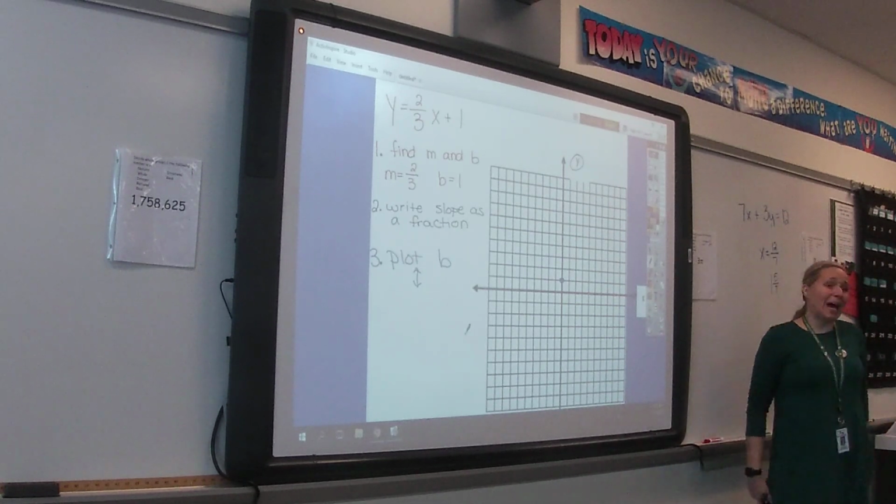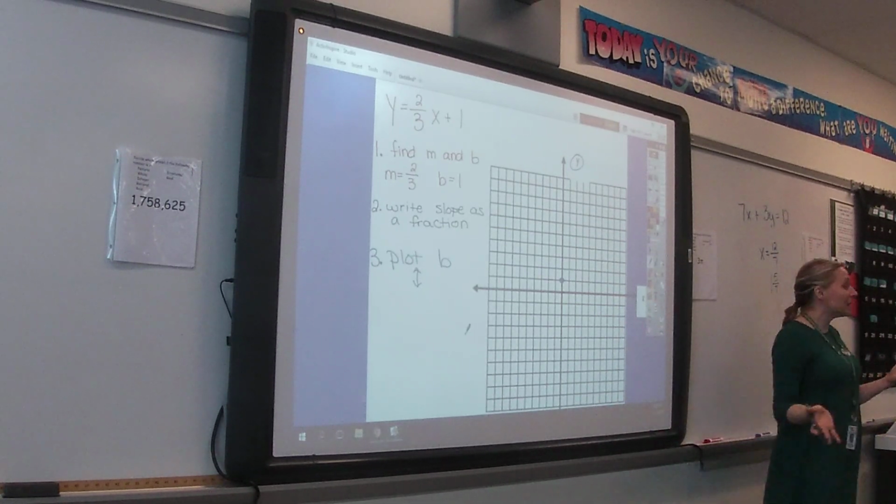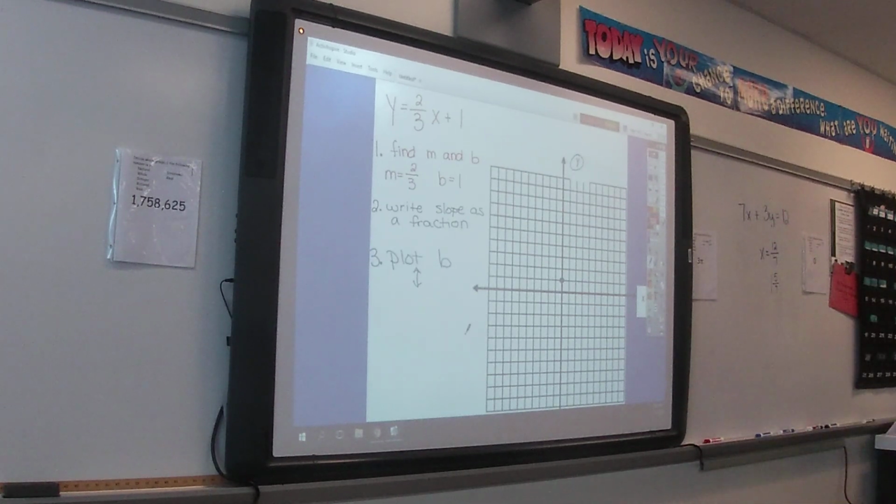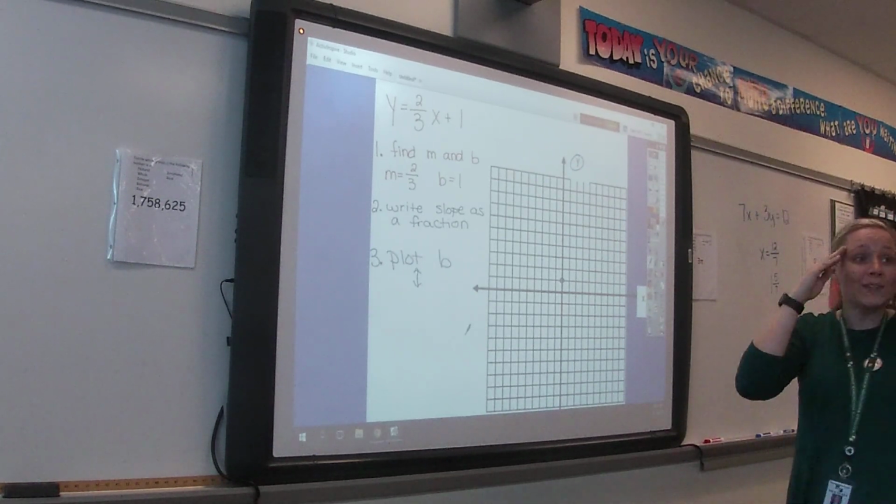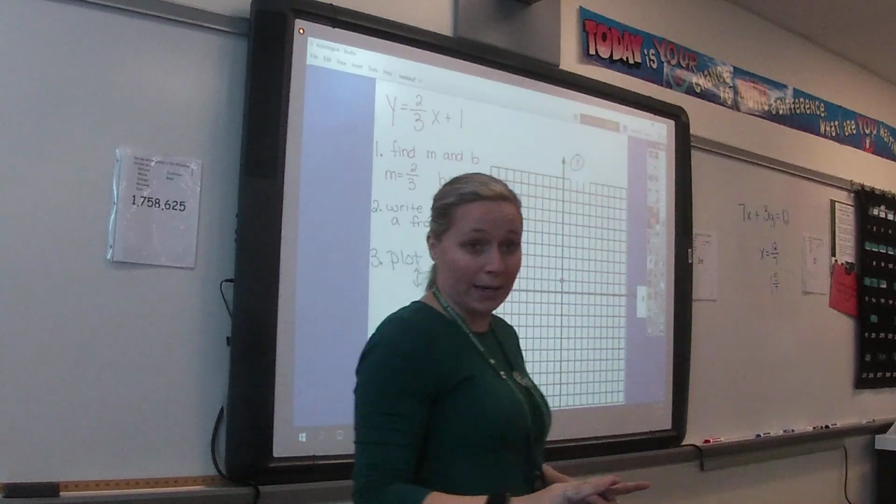Here's where the math world isn't very friendly to us. I don't have a reason, it just is. When we plot an ordered pair, we plot it as x, comma, y. But slope is rise over run. It's the exact opposite. So you're going to have to make sure you keep the two separate in your brain.